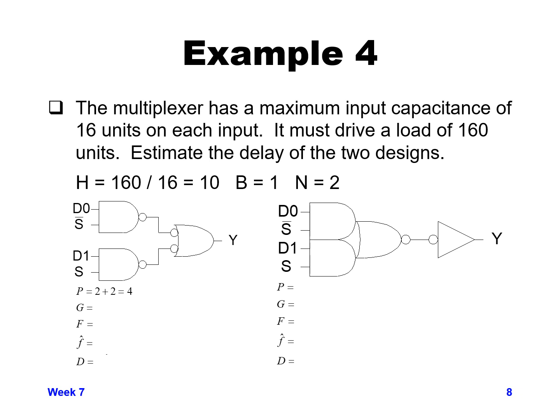For a NAND gate, the NAND gates have a parasitic delay of 2 for each individual one, so the overall parasitic delay for the path, capital P, is 2 plus 2 equals 4.